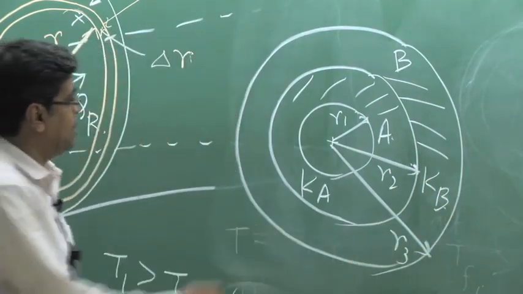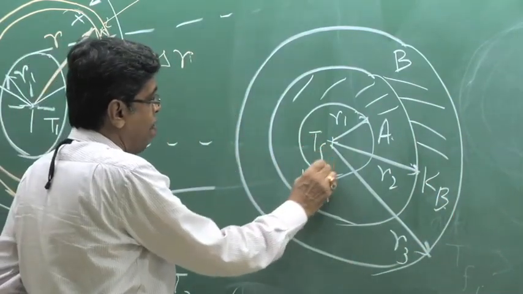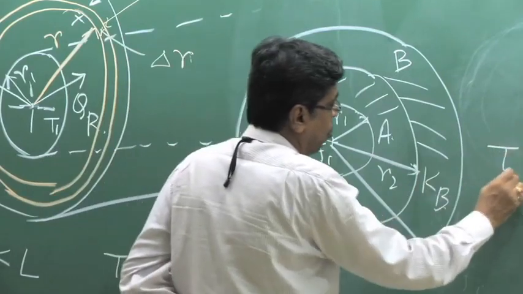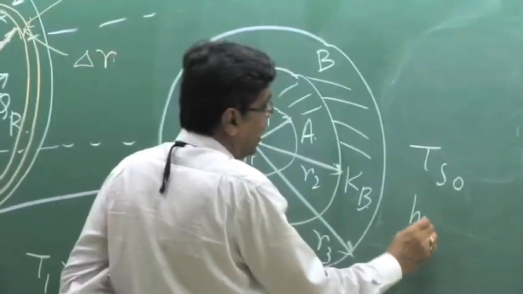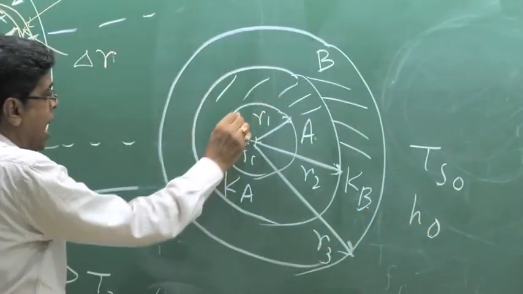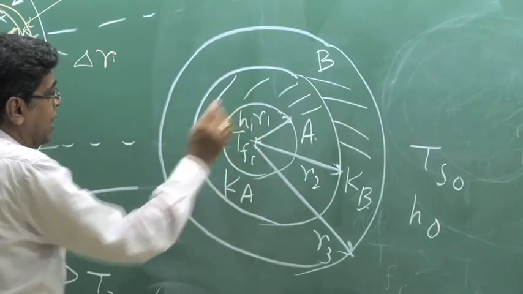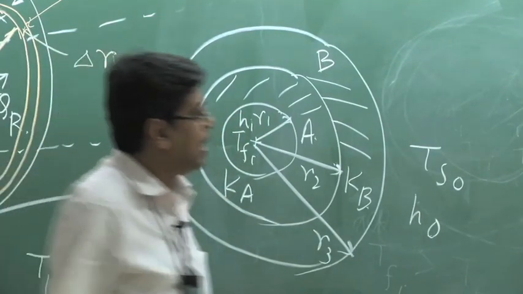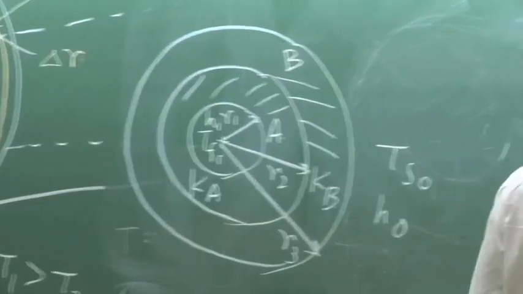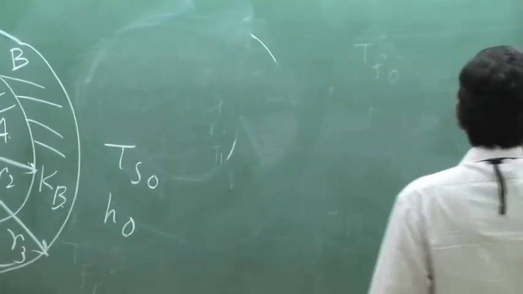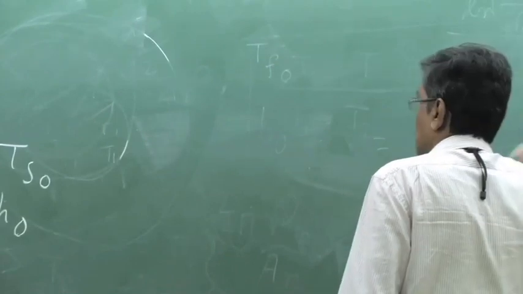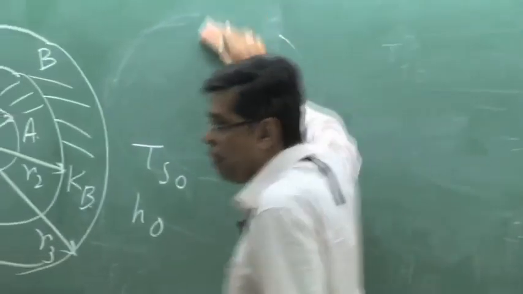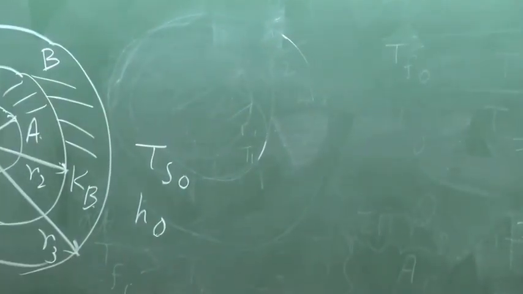And if we have the similar TFI and TFO with Ho and Hi as heat transfer coefficients, then your circuit will be the same with another added resistance, which will be very simple to conceive, and we can draw the network like this.